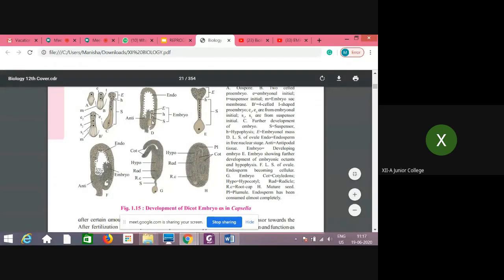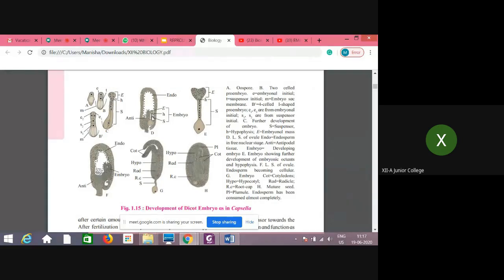You can see the lowermost cell, which is nearest to the micropyle, has become swollen, larger than the remaining suspensor cells, right? It grows faster in the previous stages of development.